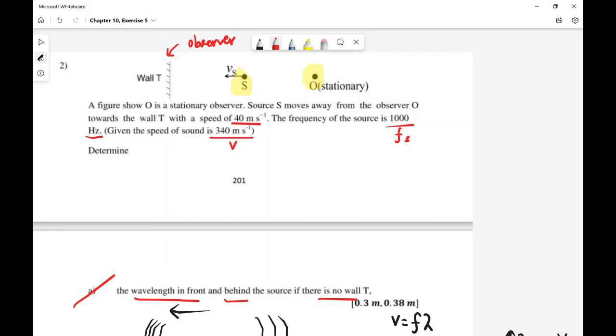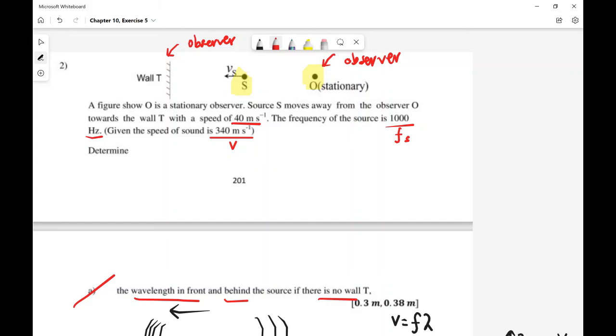Wall ni akan juga receive frequency from the source, and then dia akan reflect balik. Bila wall dapat sound, dia akan reflect. So reflection of the sound akan receive by the observer kat sini.